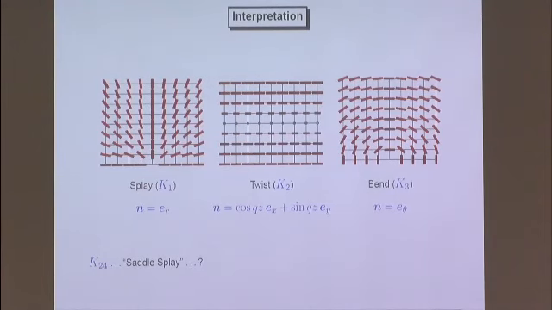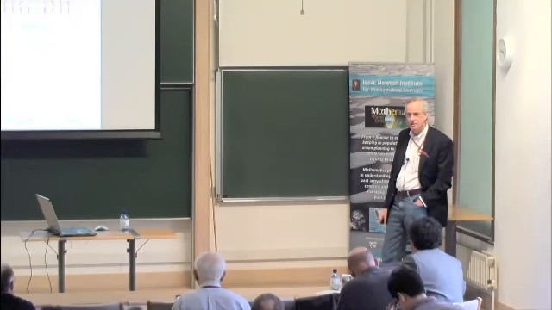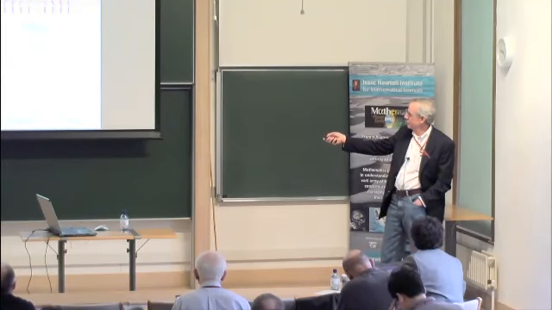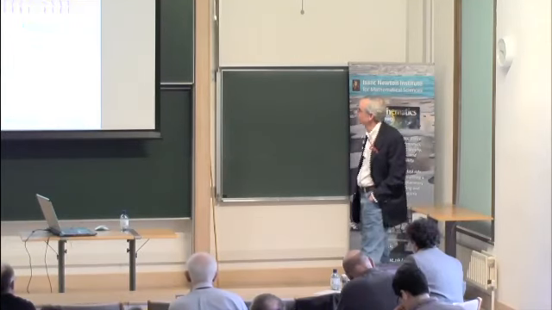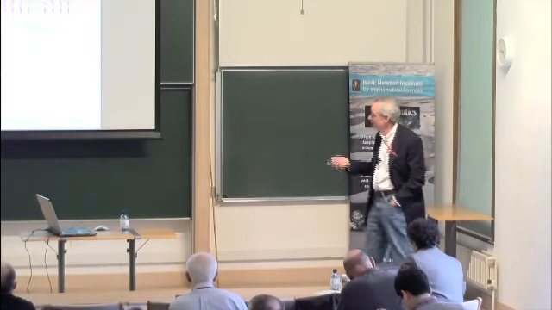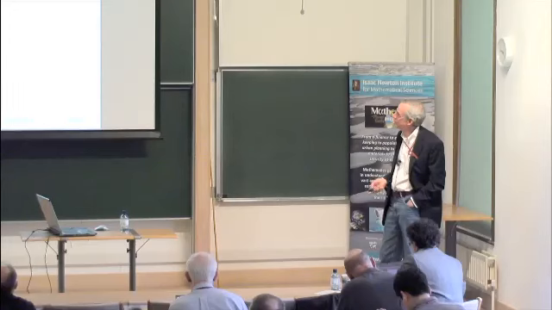It's nicknamed the saddle splay constant because of the kind of limiting distortion that you have to construct. But people can correct me if I'm wrong, but I don't think there's such a simple formula here that you can write down, which will have a non-zero K2-4 and be 0 in the K1, 2, 3 terms. So I didn't try to reconstruct that.